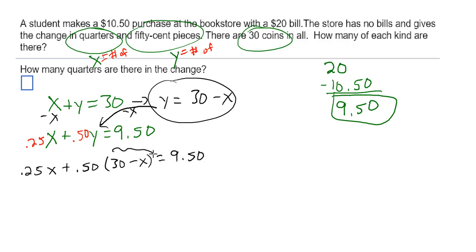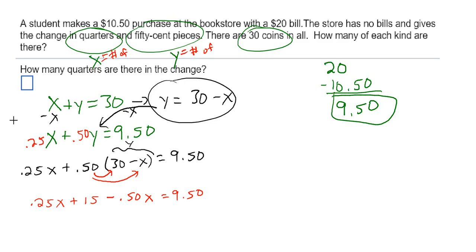All right, so we're replacing the y variable here with 30 minus x. And then we solve this equation for x. We'll distribute the 0.5, so we get 0.25x plus, this will be 15, minus 0.50x equals $9.50.